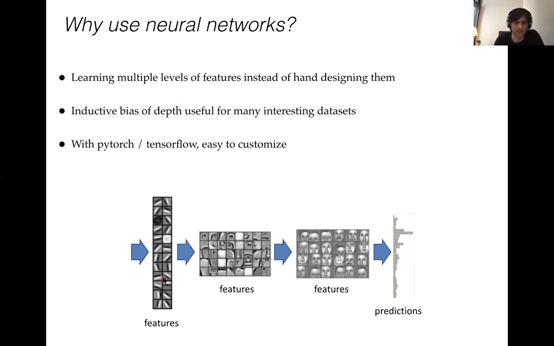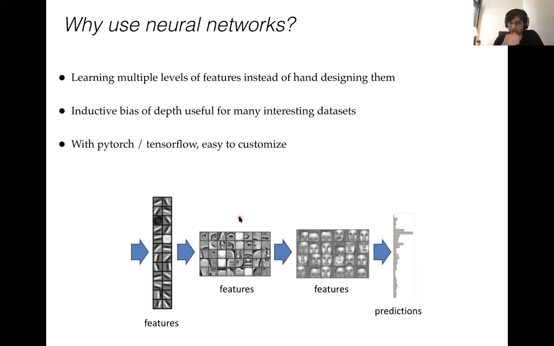So for example, in this diagram here, after training a neural network, you might find in the early stages of the model, the features that it learns look like oriented Gabors.